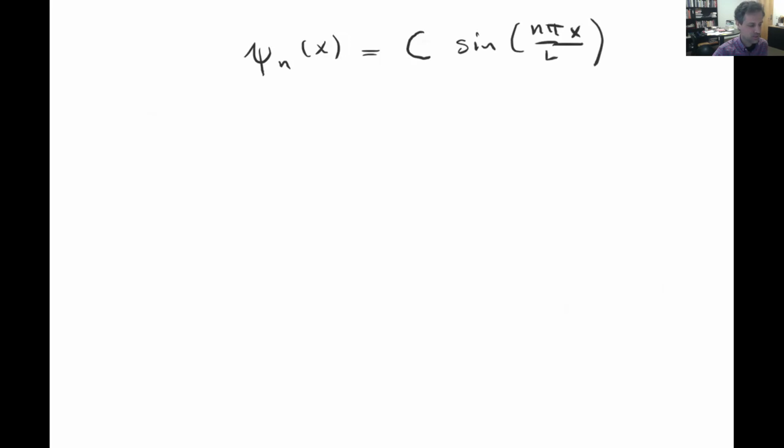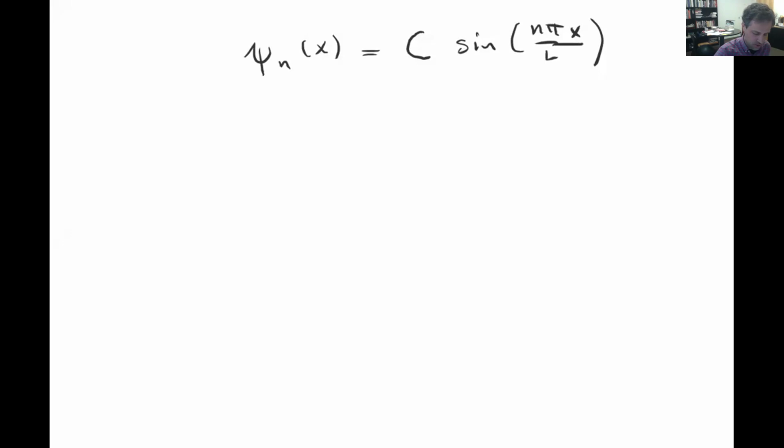So that is the shape of the wave function. There are no unknowns, because L is the length of the box, n is an integer, pi is of course a number, and C is a constant. C is something that I can determine, but it's just scaling the amplitude. It doesn't change the shape of the wave function.